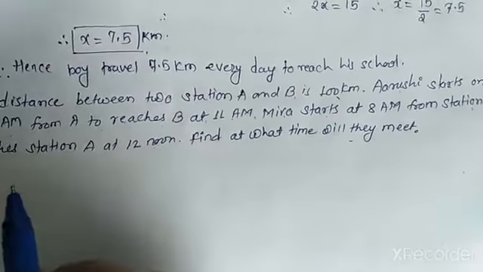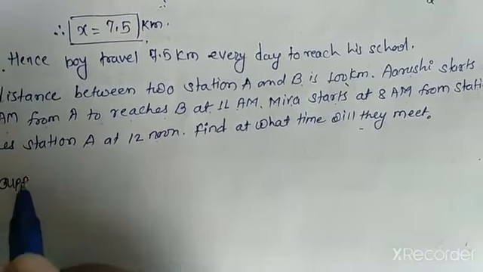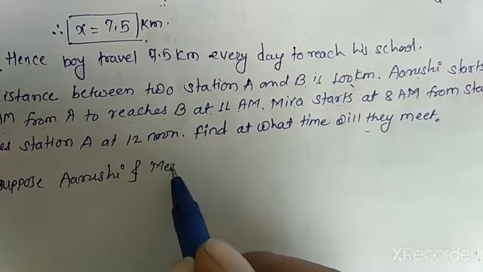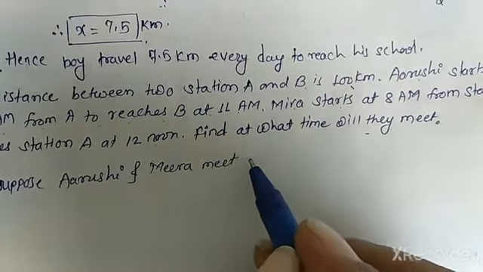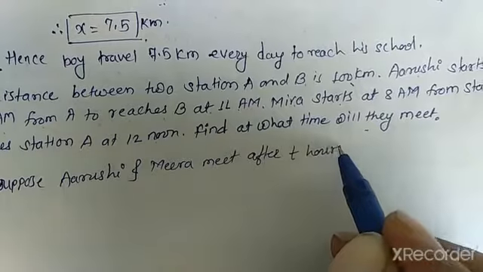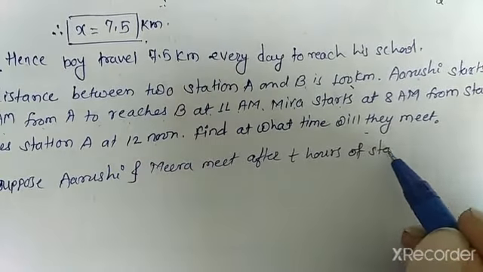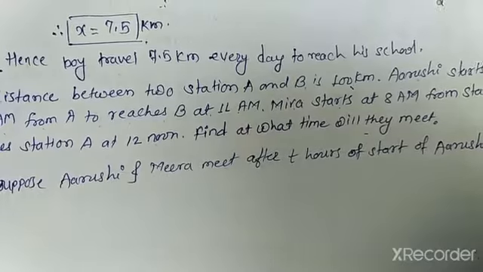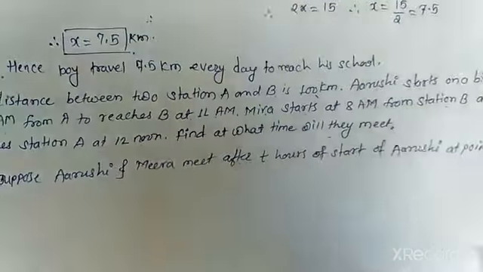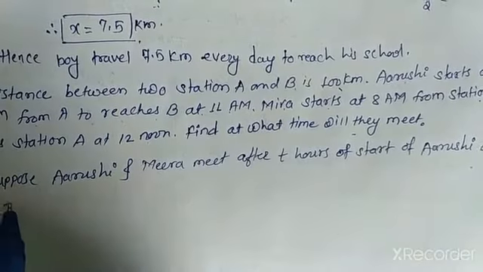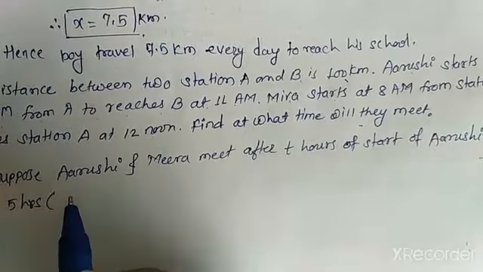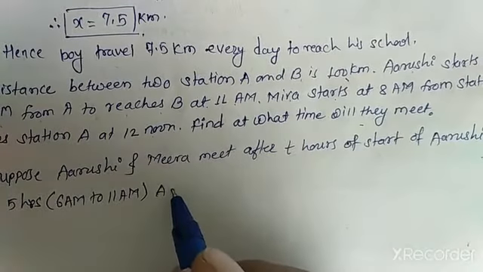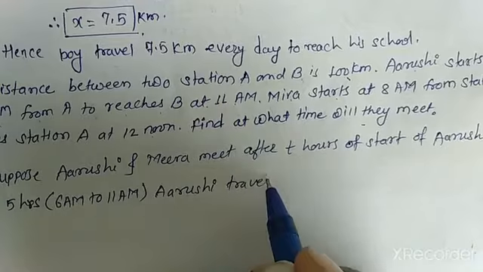Okay. So in the solution, suppose Arushi and Mira meet after T hours of the start of Arushi at point C. Okay, in 5 hours, in brackets 6 a.m. to 11 a.m., Arushi travels 100 kilometers.